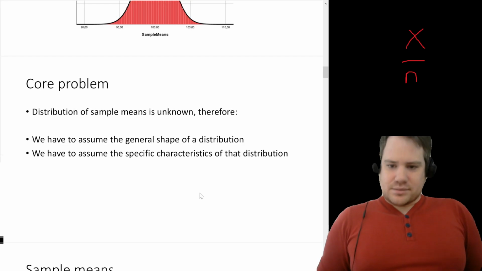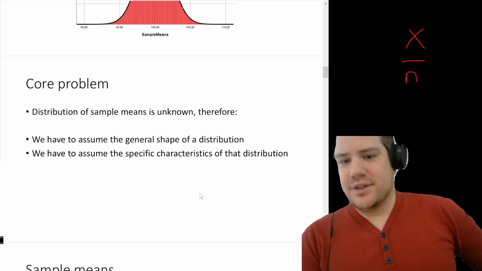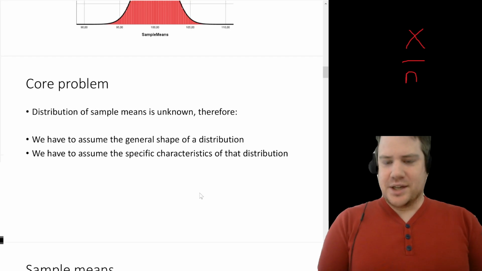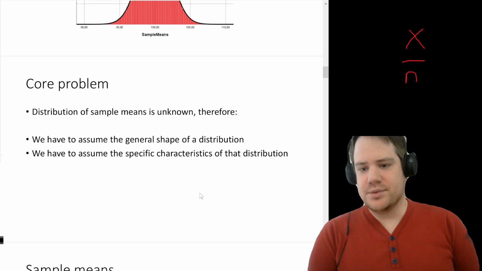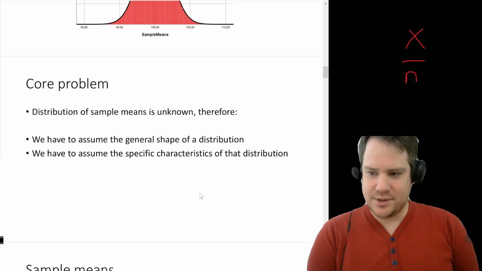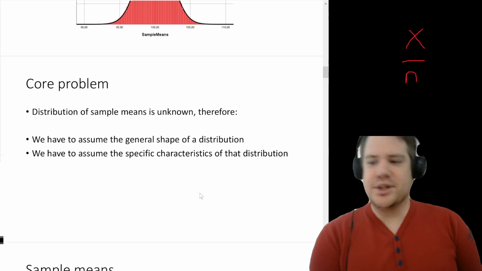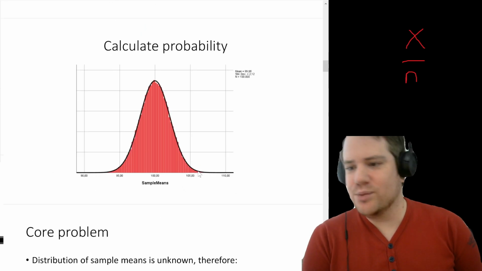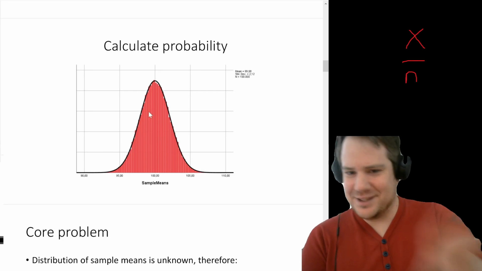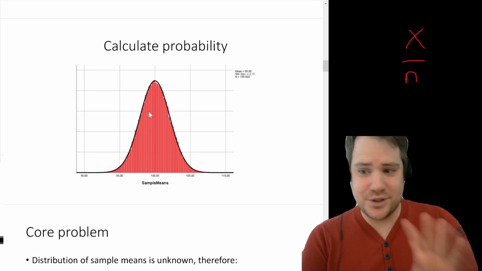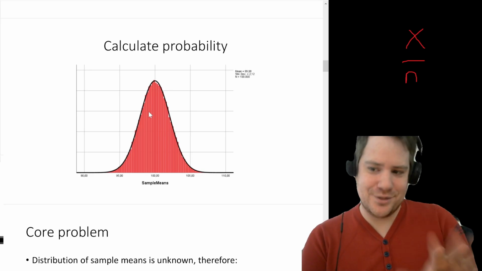So what's important is we need to know both the general shape of a distribution and we have to assume specific characteristics of the distribution. We don't know what this shape is, but we still want to know it. We don't know what this exact distribution is because we don't have a population, but we still really would like to know what it is.